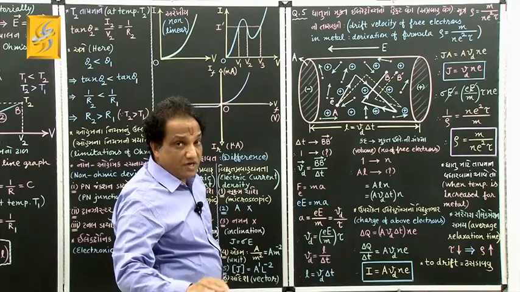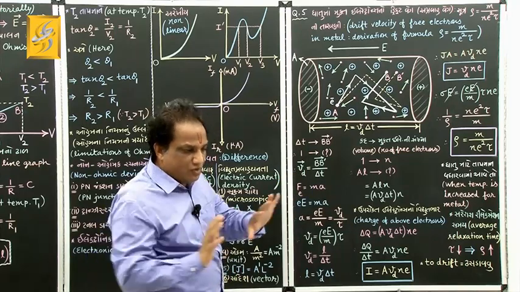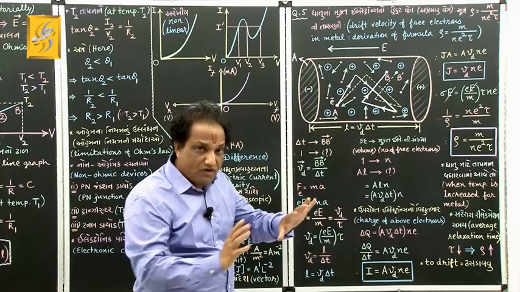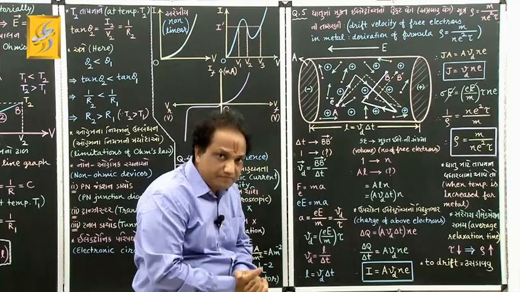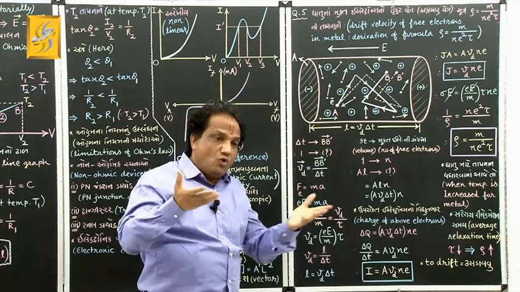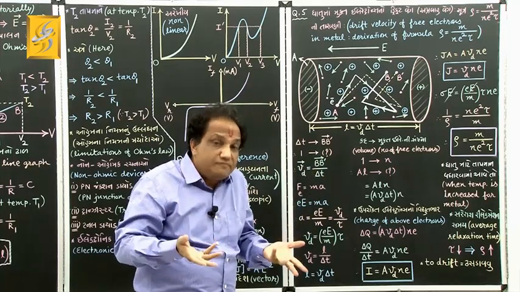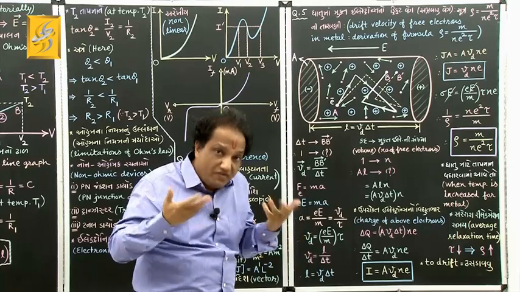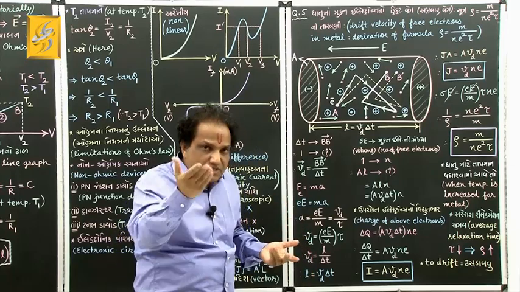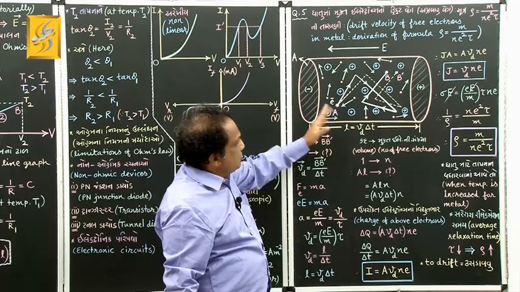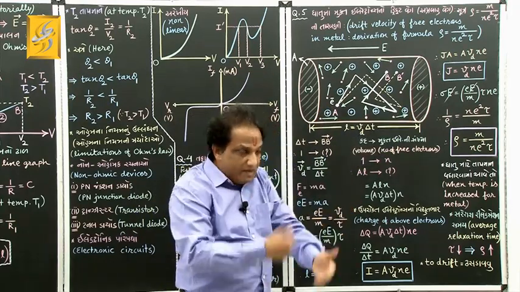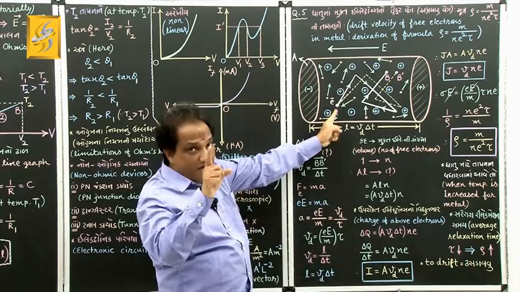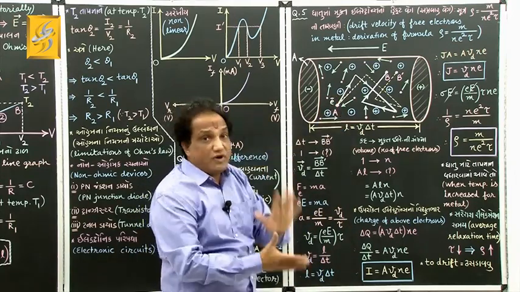What does the word drift indicate? Drifting motion means a motion which is executed with great difficulty. That's why we call it drift velocity. Then you may have a question, why do we call it drifting motion? Why is the motion carried out with great difficulty? What is the reason? See, when these electrons are pushed in a direction opposite to the electric field, they are likely to collide with the oscillating positive ions.